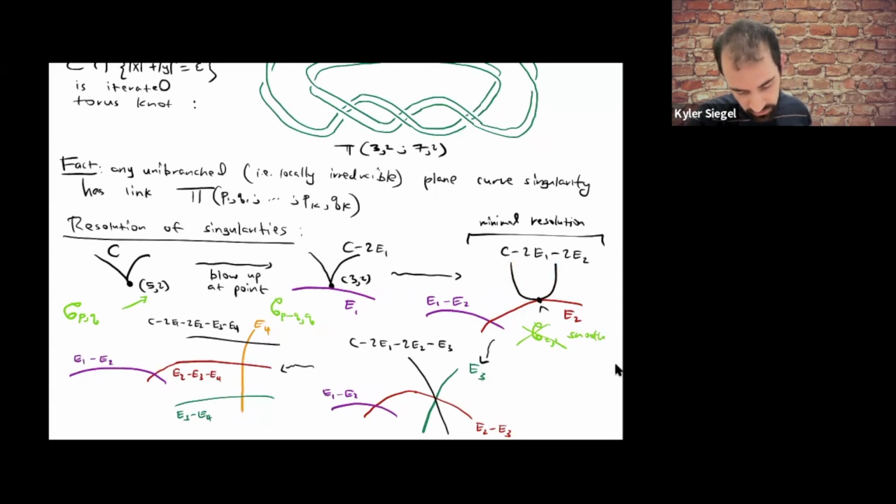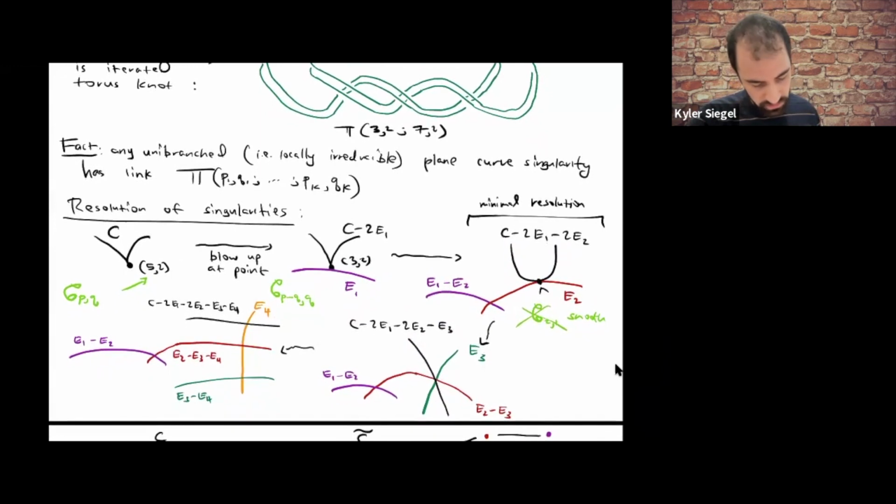So blow up one more time. The curve is already smooth, so it's still smooth, but now you get a curve in the class C minus 2E1 minus 2E2 minus E3. And you still have a triple intersection point here, but then you blow up one more time, and then finally you get a normal crossing curve. So this is called the normal crossing resolution. It takes place a little bit later than the minimal resolution.